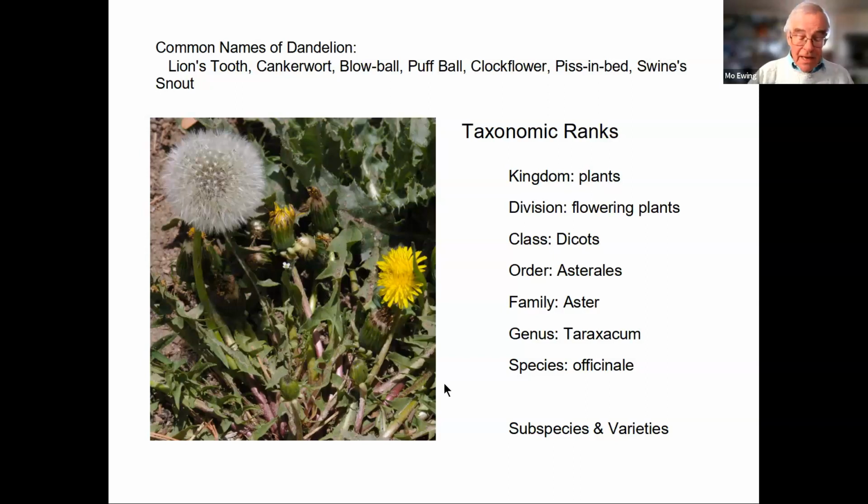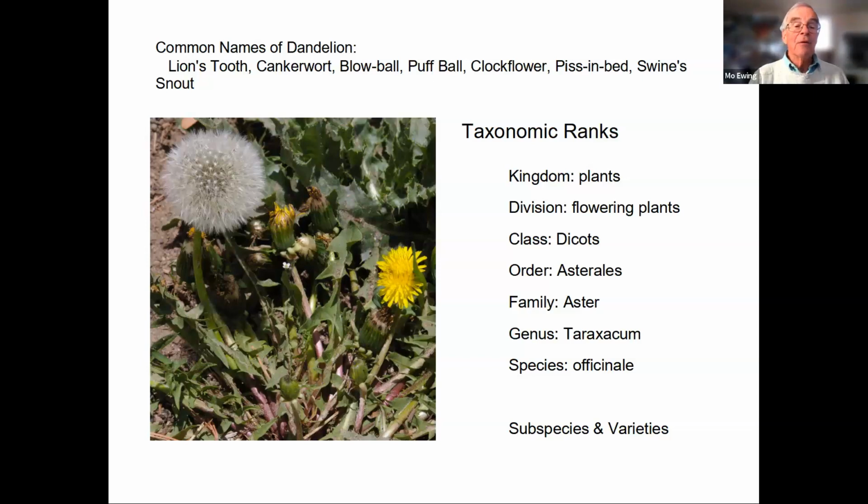In Kazakhstan, it's called blowball, and that's probably because children blow the seeds off the plant when it's in seed. It's also called puffball. Another name for it, and these are a little bit more fun, clockflower. Legend had it that the number of breaths that it takes to blow the seeds off the dandelion globe gave you the hour of the day.